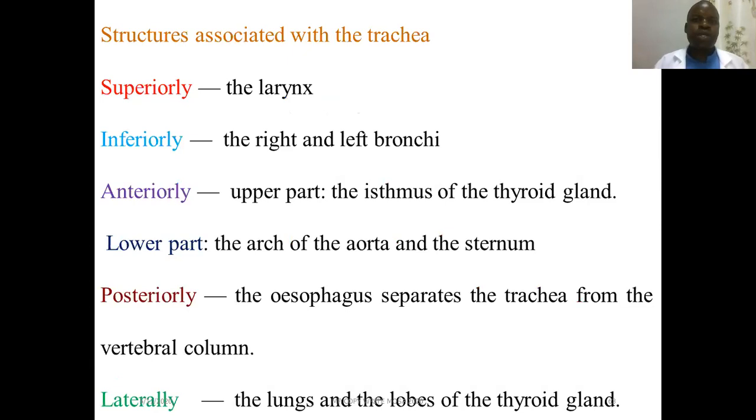So structures associated with the trachea: superiorly the larynx, inferiorly the right and left bronchi, anteriorly in the upper part the isthmus of the thyroid gland, then in the lower part the arch of the aorta and the sternum. Posteriorly the esophagus separates the trachea from the vertebral column. Then laterally the lungs and the lobes of the thyroid gland.